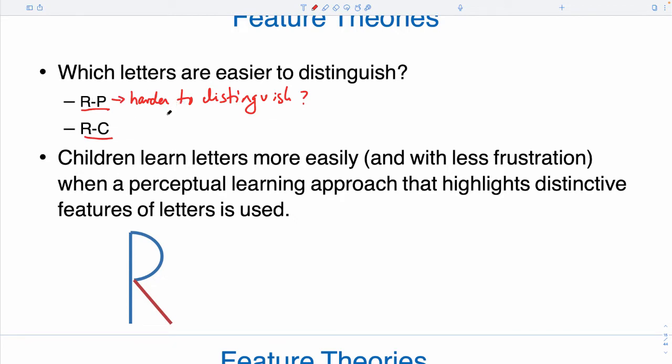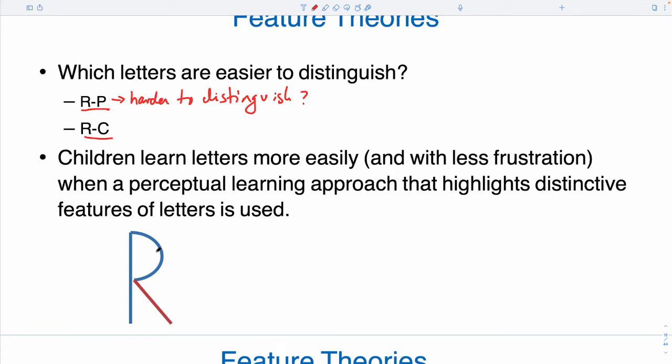When letters are harder to distinguish, it's challenging for children as they're learning their letters. Children learn letters more easily and with less frustration when we use a perceptual learning approach.